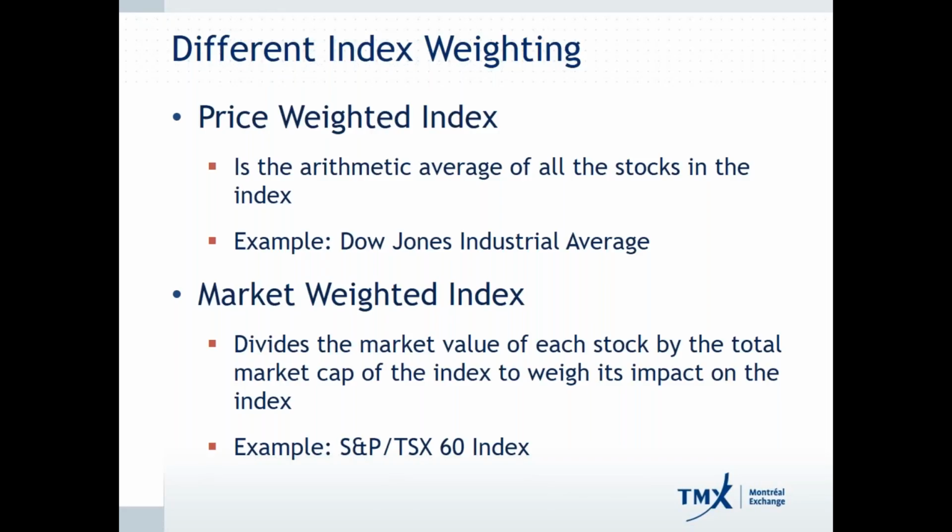We also have market-weighted indices, and what this type of index does is it divides the market value of each stock by the total market capitalization of the index, and then weighs its impact on the index. An example of that would be the S&P TSX 60. Depending upon how significant the market capitalization of a particular security is, it will influence its weight and impact on the index accordingly.